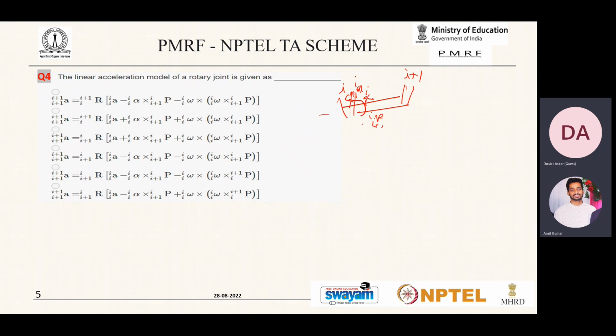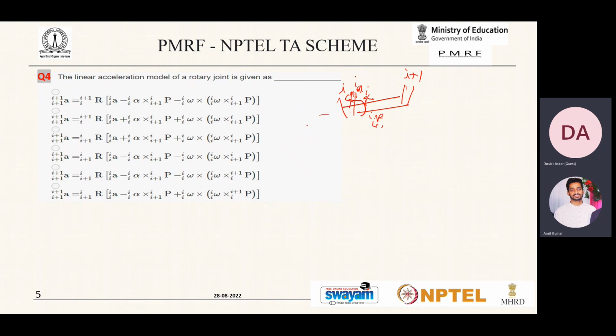As you have seen earlier in the case of velocity, you can similarly transform this velocity, the joint velocity, to get the velocity at I plus 1. So how can you do that? Here we are looking at the acceleration, so similarly for acceleration you can just transfer.